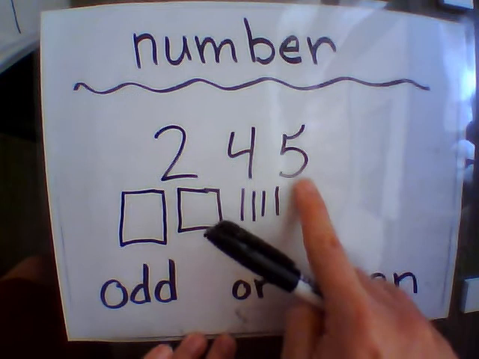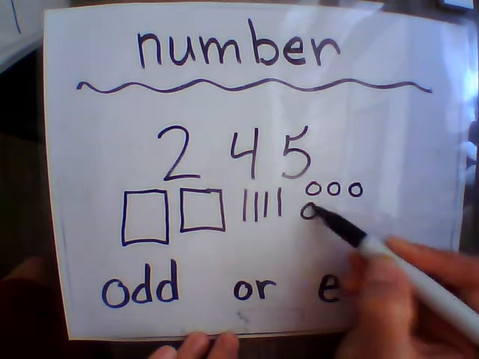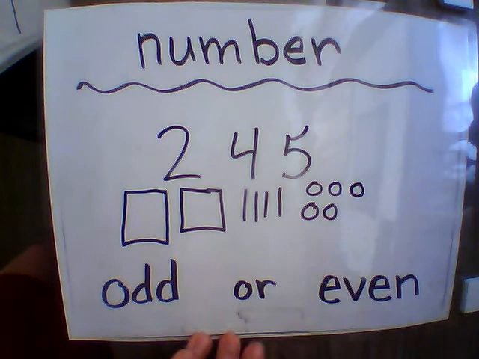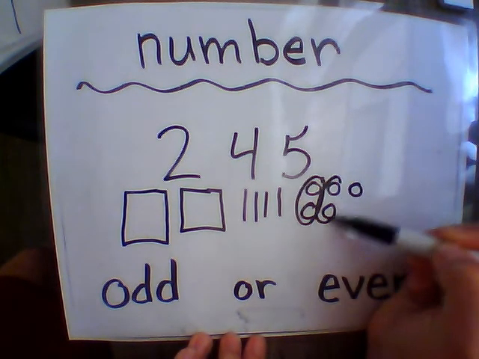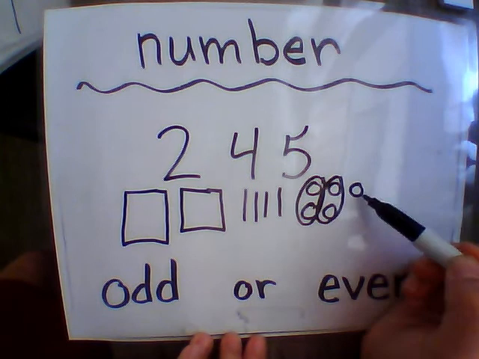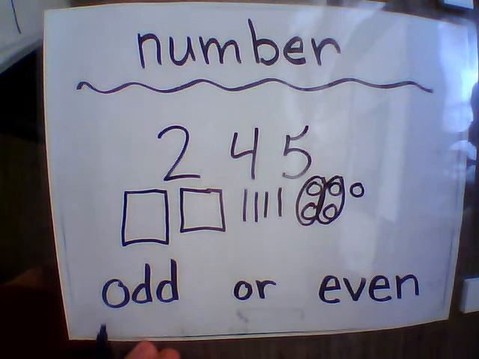And we have how many ones? 5 ones. Now, we're going to group them into pairs to see if our number is odd or even. So this last one doesn't have a pair, so that means our number 245 is odd.